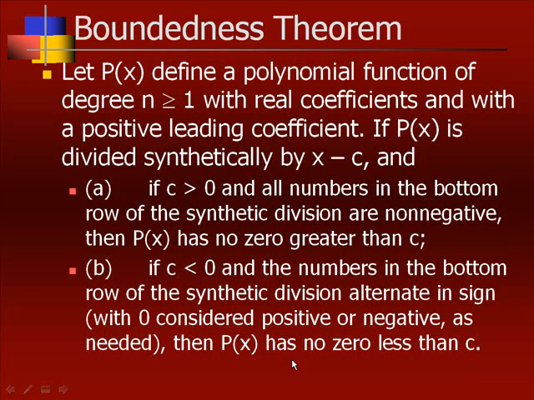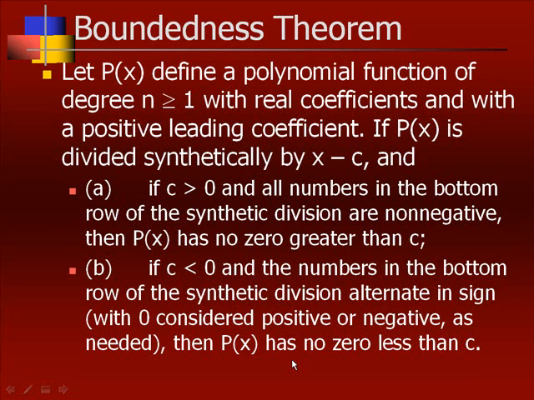If p of x is divided synthetically by x minus c, and if c is greater than 0, and all numbers in the bottom row of the synthetic division are non-negative, then p of x has no 0 greater than c.